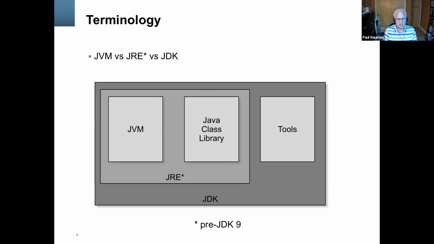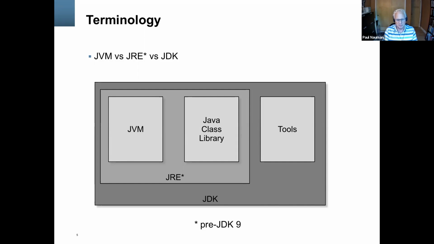The class library is all of those APIs that we use in our programs, and the two of them together form the Java Runtime Environment, and those are the minimum that are needed to run a Java program that's written to the Java SE specification. A JDK includes the JRE, but also includes a set of tools.